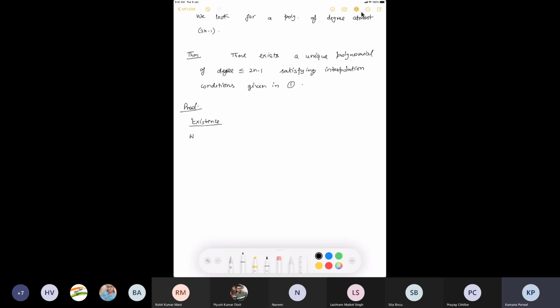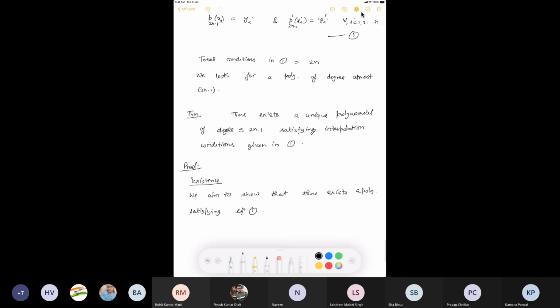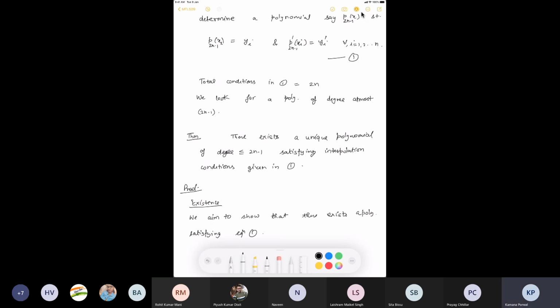So we aim to show that there exists a polynomial satisfying equation 1. Again, the idea will be the same: I'm going to directly construct one such polynomial which will satisfy the conditions given in 1. And the polynomial which we will be aiming to construct will have degree 2n minus 1.